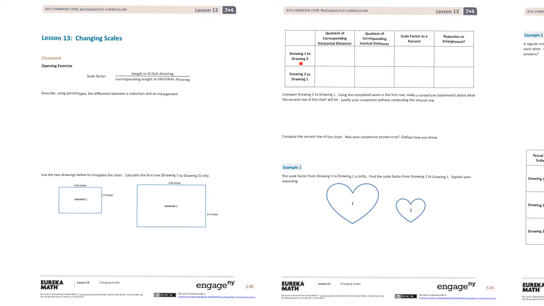Now, from drawing 1 to drawing 2, we need to find the quotient of the corresponding horizontal differences. The quotient means the answer to a division problem. And we know we have a formula set up for division, which is the length in scale drawing divided by the corresponding length of the original drawing. So here, drawing 1 is our original, and drawing 2 is our scale drawing.